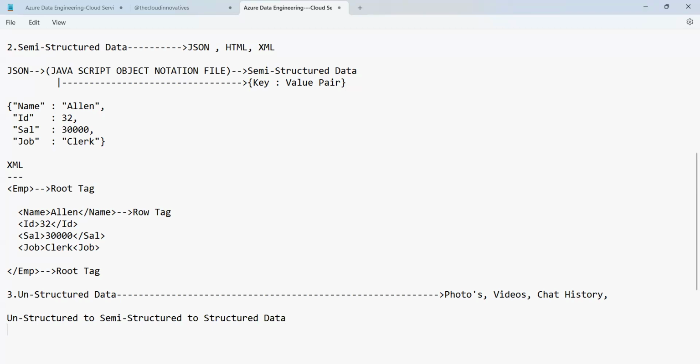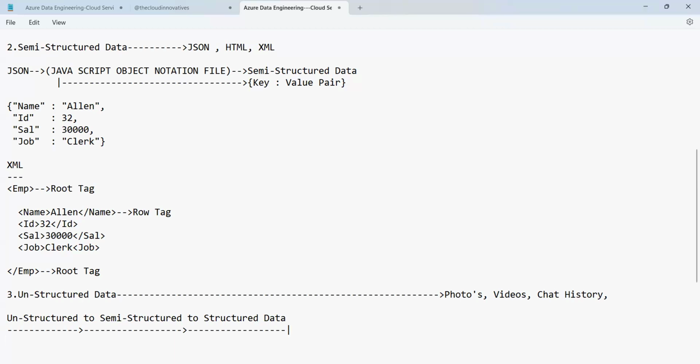That's it. This is how we are going to work. Okay, guys, this is the pattern of working. So as a data engineer, we deal with all this data.